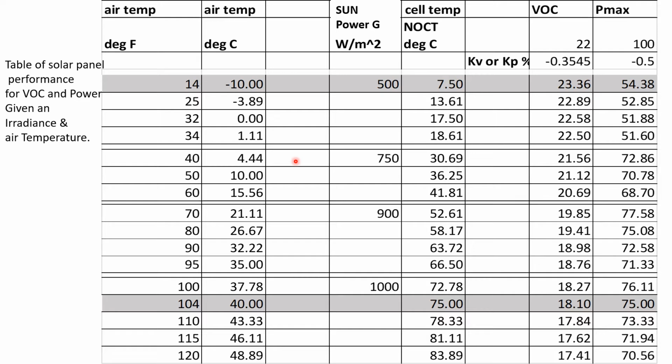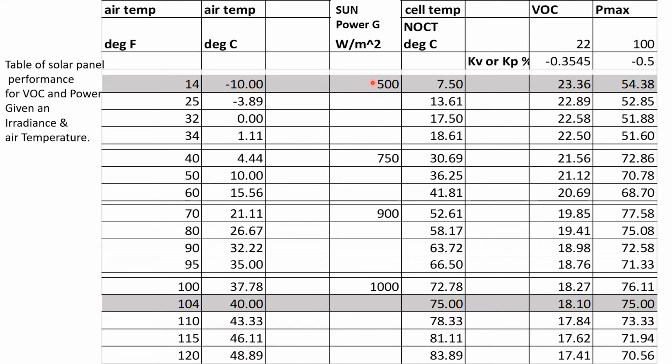And these are my results. I start off with an air temperature ranging from minus 14 to 120 degrees Fahrenheit. First thing I do is calculate an air temperature in degrees C, because that's what the NOC equation wants.